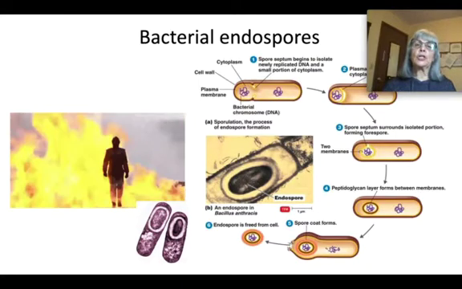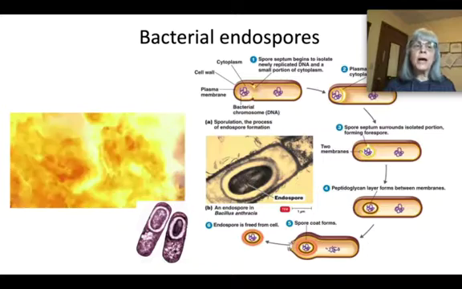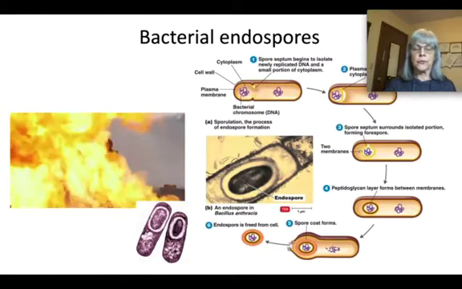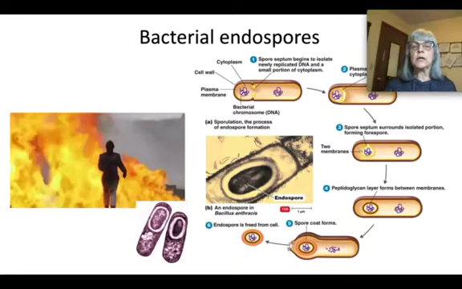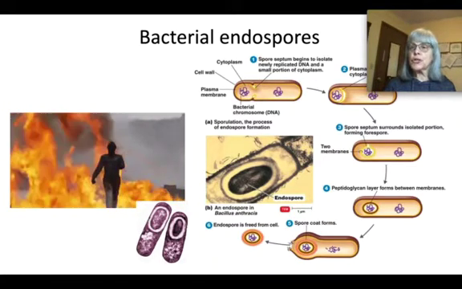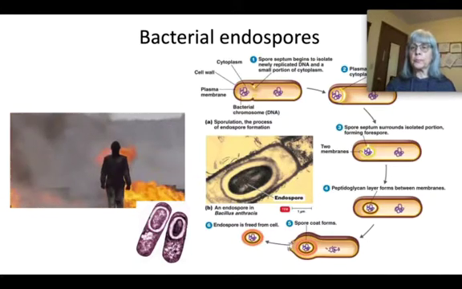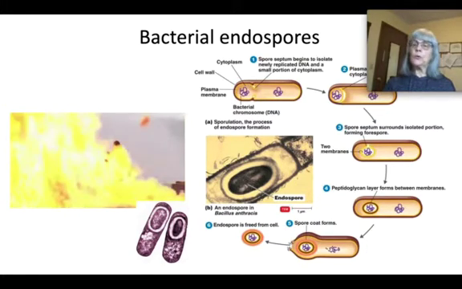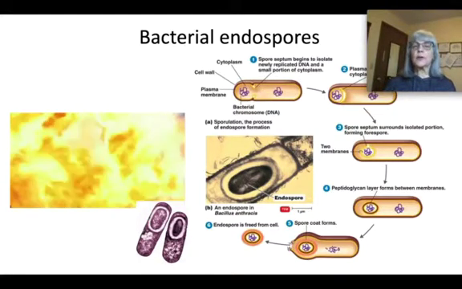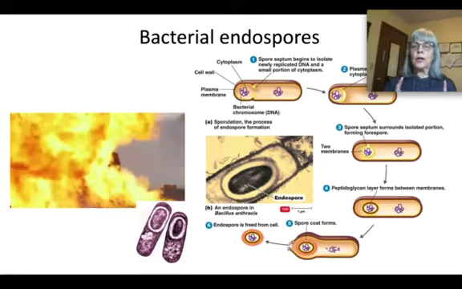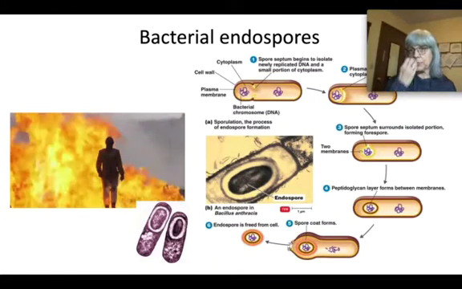Now this is another inclusion, endospores. Now not all bacteria produce endospores. And I'm going to tell you the shape of the bacteria that you will find them in are your bacilli, okay? You won't find them in cocci, you won't find them in spirochetes, in vibrios. They are found in bacilli, but not all bacilli produce endospores.